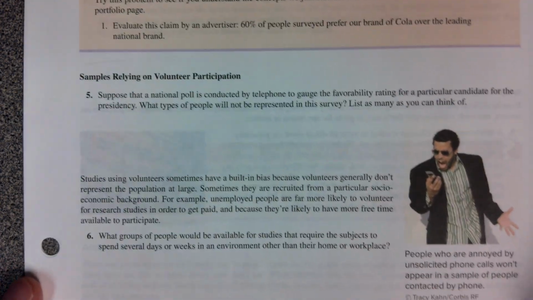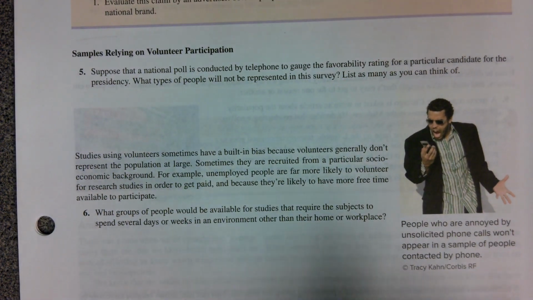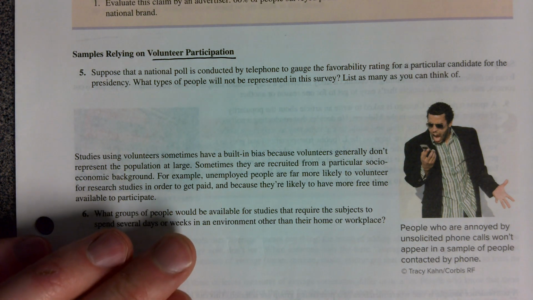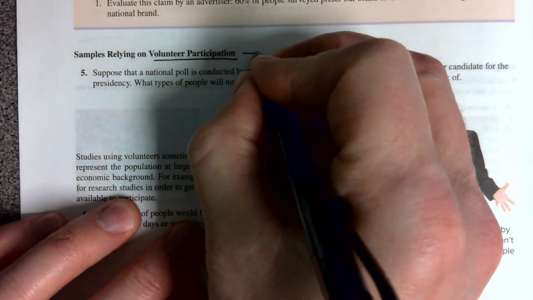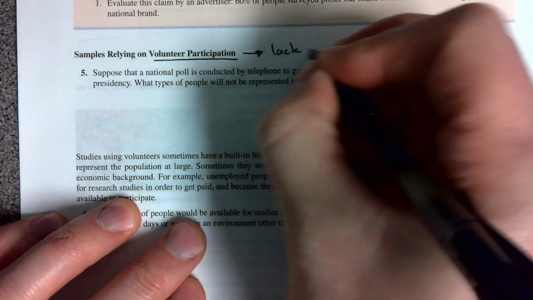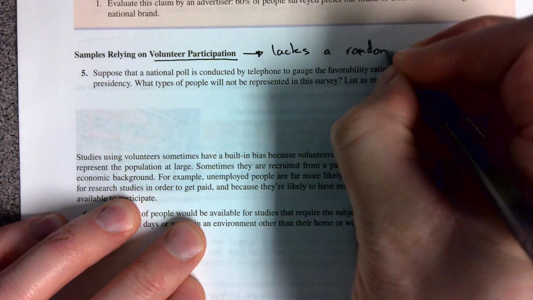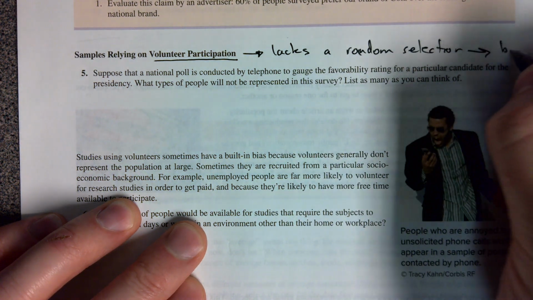A second problem with samples is when we rely on volunteer participation. Note, if we're asking people to volunteer to participate, this lacks a random selection process. So that's the problem, and of course that means there is bias.